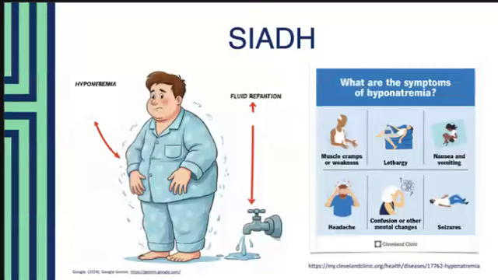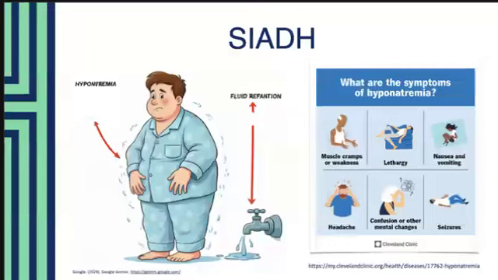Now, when we think about our sodium levels, typically when sodium levels drop rapidly from 140 to 130, we see different symptoms. From 130 to 120, we start to see GI symptoms like vomiting and abdominal cramps. And sodium levels of 110 to 115 can lead to confusion, lethargy, even irreversible neurological damage.